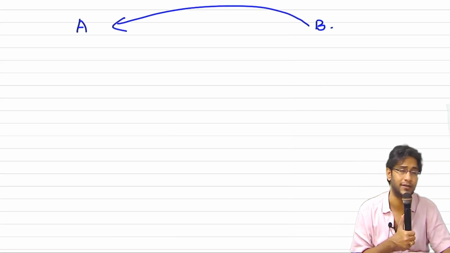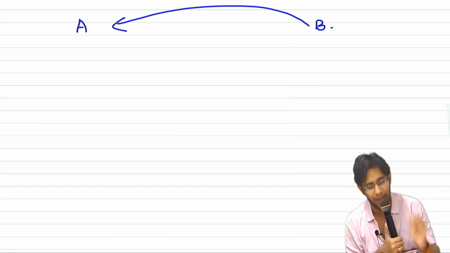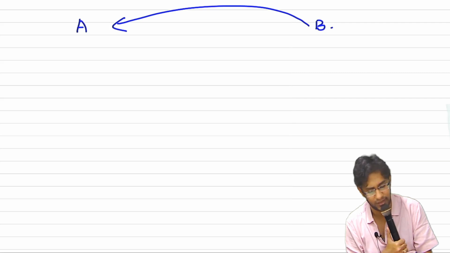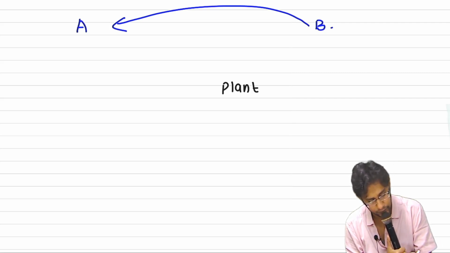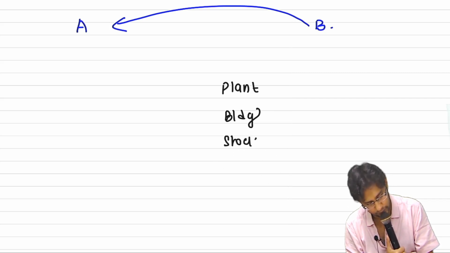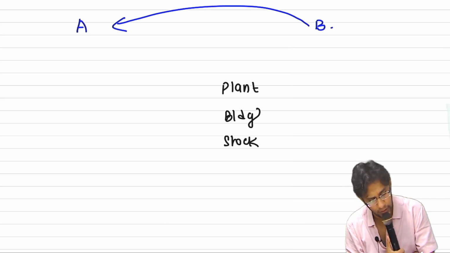Business combination transaction. This fellow B Limited has got 3 assets. For simplicity, I am assuming only 3 assets and nothing else. So they have plant, they have a building, and they have, let us say, debtors. 3 assets they are having.